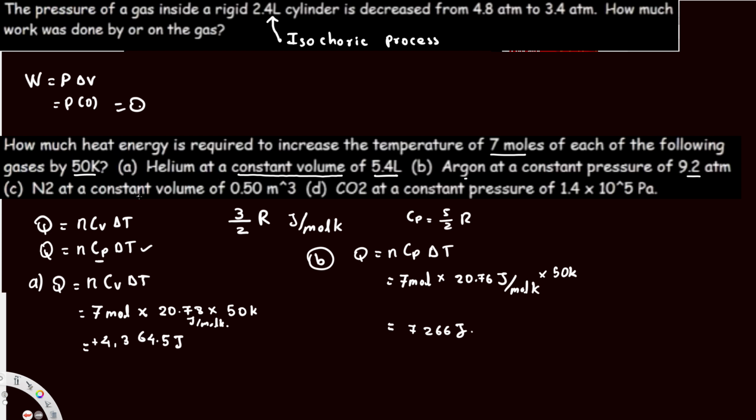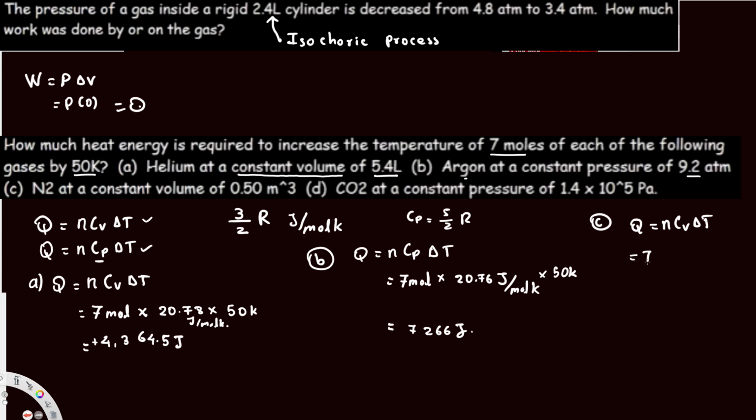Let's do the C part. They are asking N2 at a constant volume of 0.50 cubic meters. N2 is a diatomic gas, so we have to use a different value. They are saying it's a constant volume, so we are going to use the first equation, Q = nCv ΔT.